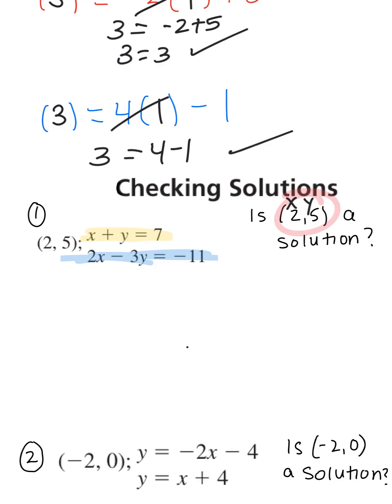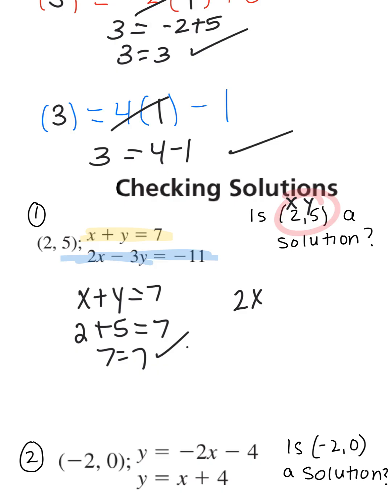So on this first equation, it says x plus y equals 7. If I take the x, which is 2, plus the y, which is 5, does 7 equal 7? Yeah. So that worked for that one. Now let's do the other one. 2x minus 3y is equal to negative 11.